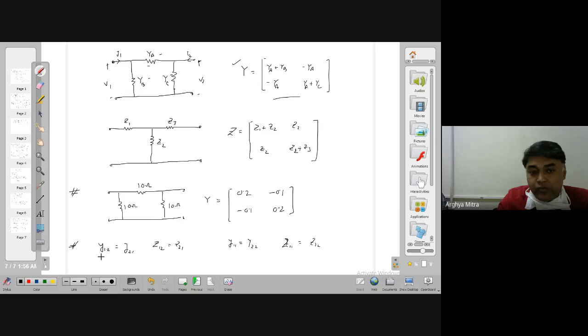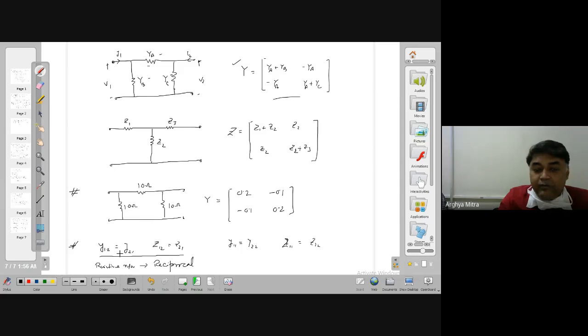Now, without going for actually finding out this condition, you just see that if it is a resistive network, that means all resistances are present, then it must be reciprocal. Okay.